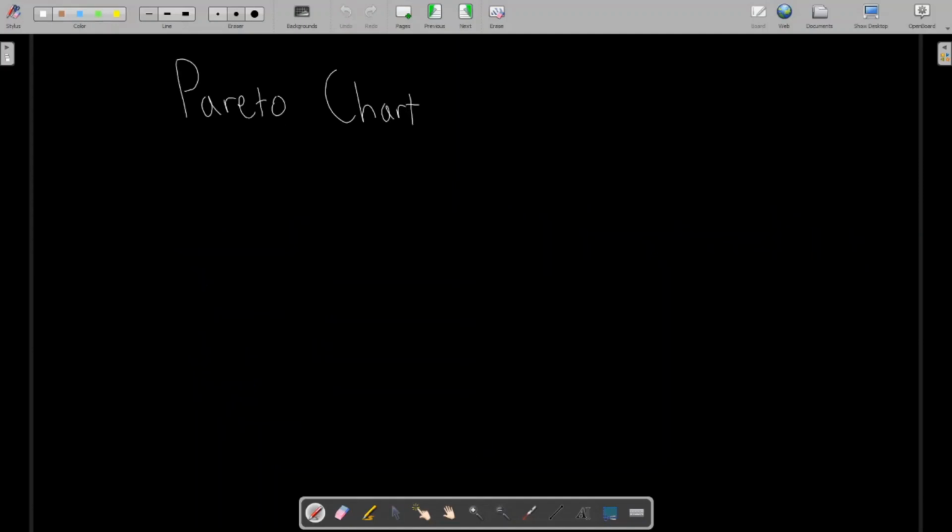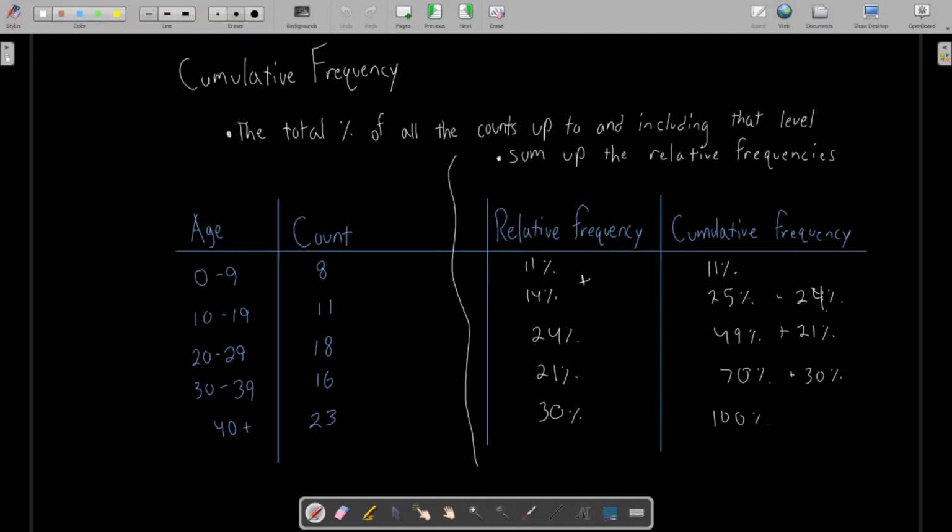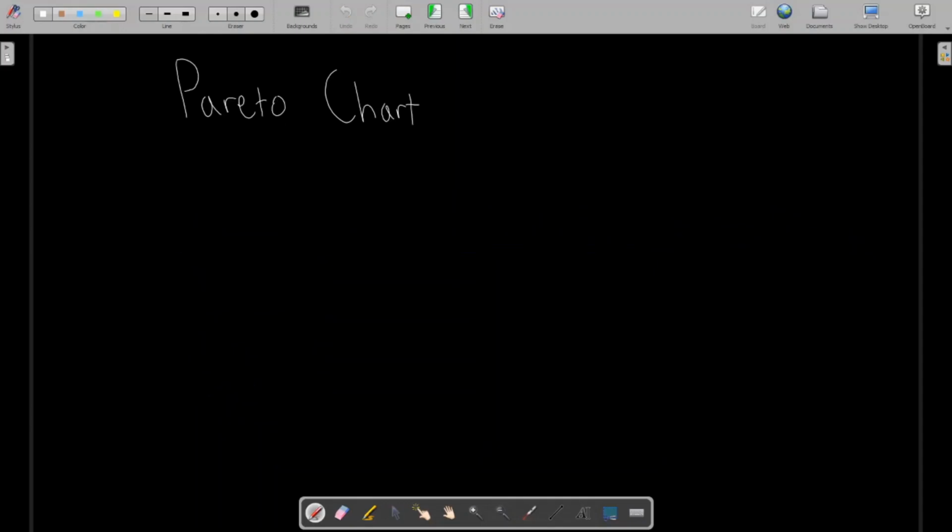Now the Pareto chart essentially takes the four categories of information in this table and sums them all up to put in one plot. So you get all of this information all at once. It's a good graph to get a lot of information in a small portion of area.